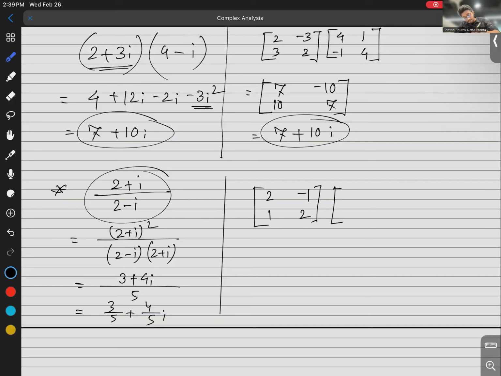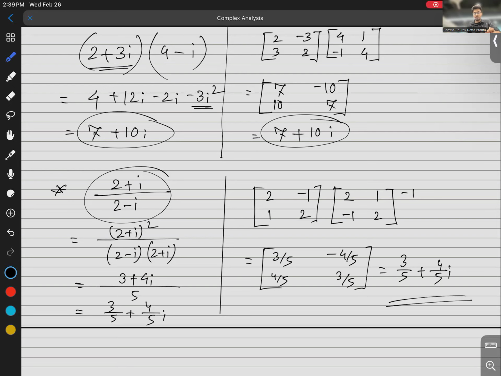So this should be 2, minus 1, 1, 2, and the inverse, and then we also get the same values: 3 by 5, minus 4 by 5, 4 by 5, and 3 by 5. So this is also 3 by 5 plus 4 by 5 i.